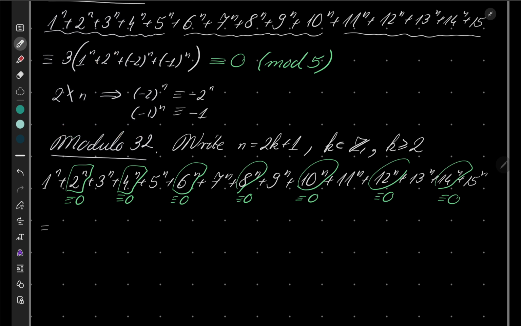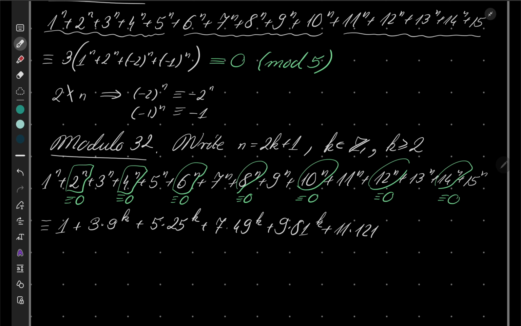Now 1 is 1. 3 we will write as 3 times 9 to the power of k. Then we have 5 times 25 to the power of k, 7 times 49 to the power of k, 9 times 81 to the power of k, 11 times 121, 13 times 169, and finally 15 times 225 to the power of k.